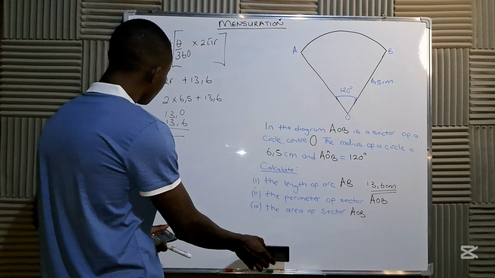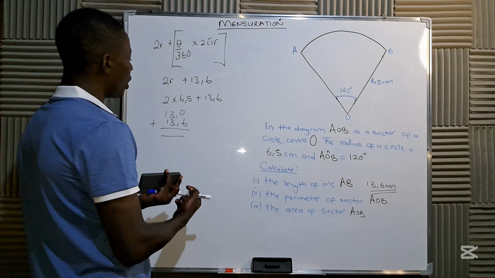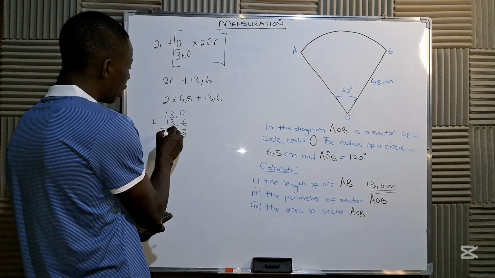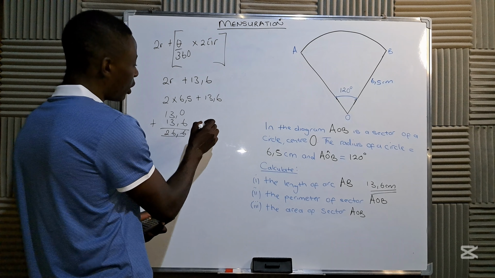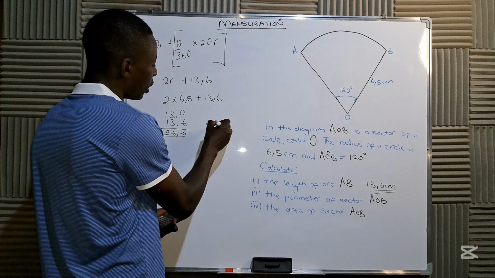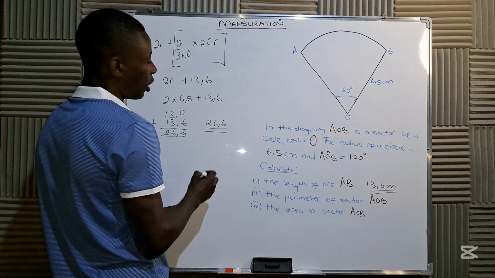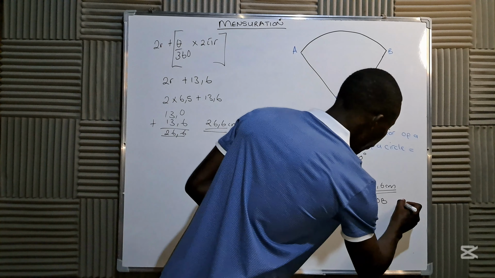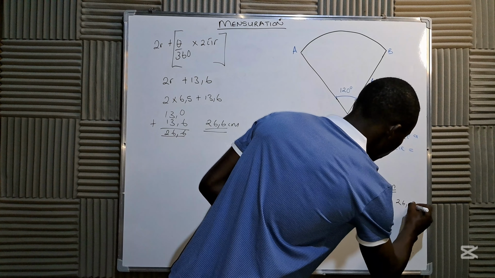If we add 13.0 and 13.6, we get 26.6 centimeters. So this is our answer, 26.6.